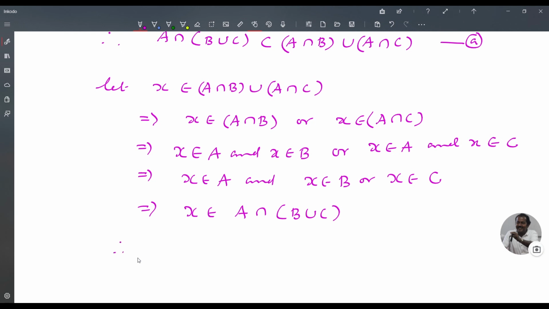So therefore, (A intersection B) union (A intersection C) is contained in A intersection (B union C).